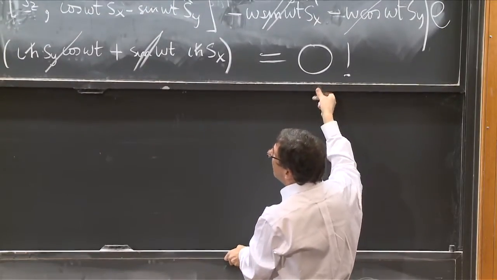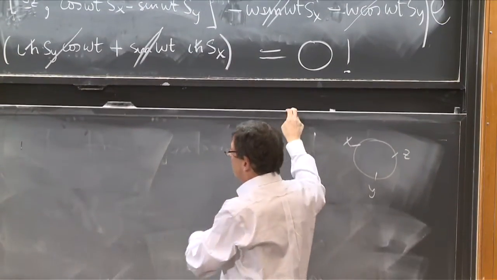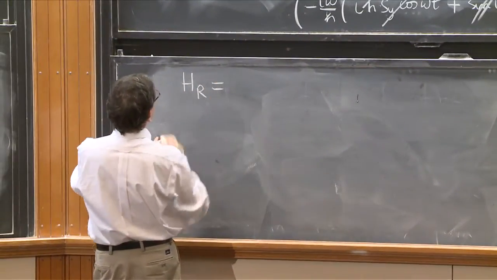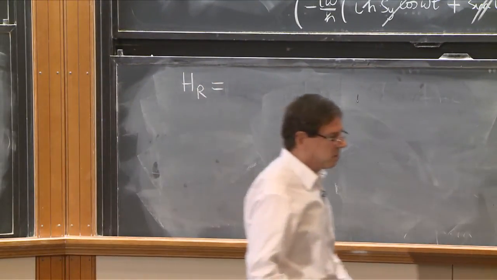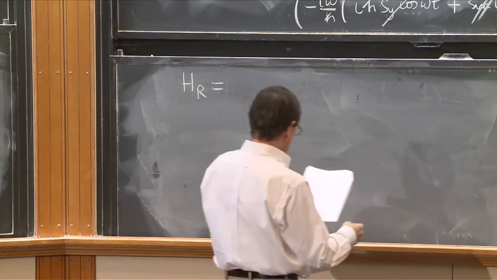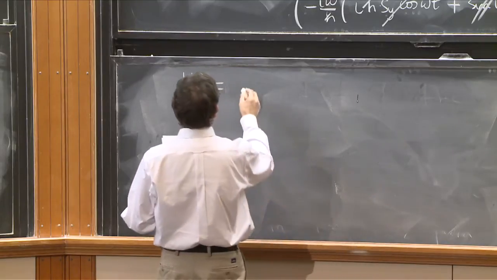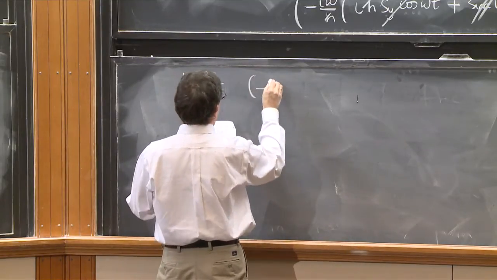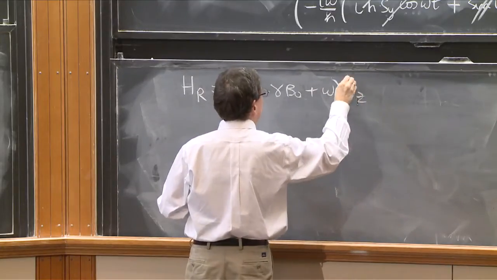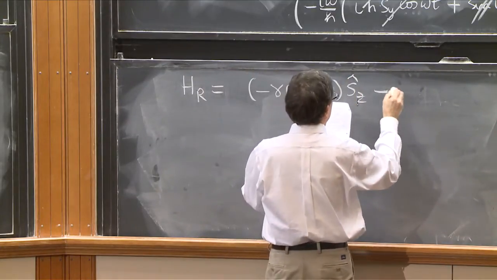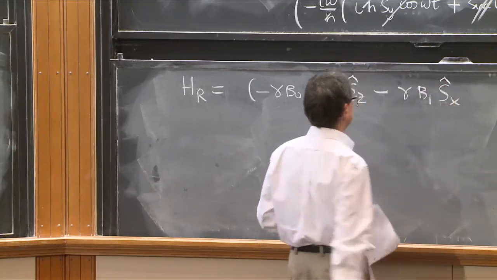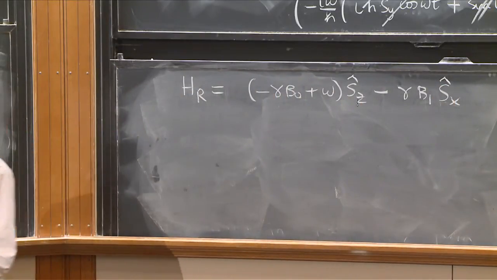So we have that this whole Hamiltonian has become very simple. So HR has become, and I'll copy it here, I want to make sure, minus gamma B0 plus omega Sz hat minus gamma B1 Sx hat. Very nice Hamiltonian.